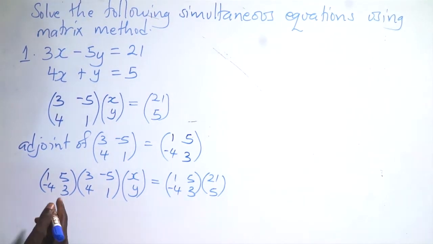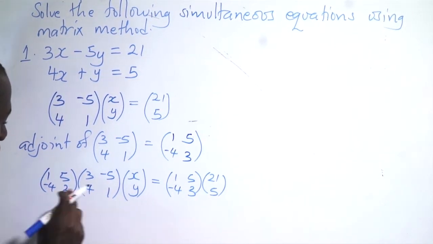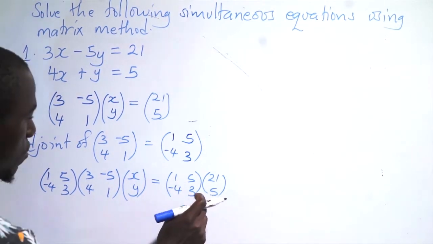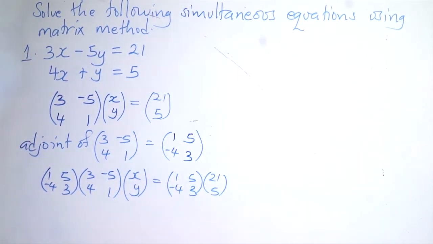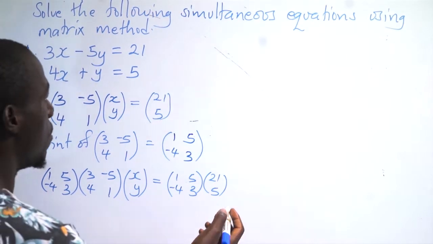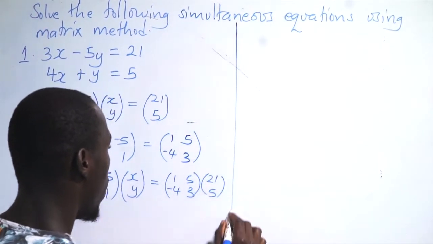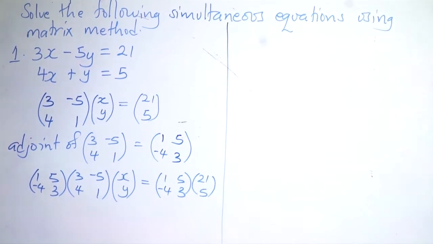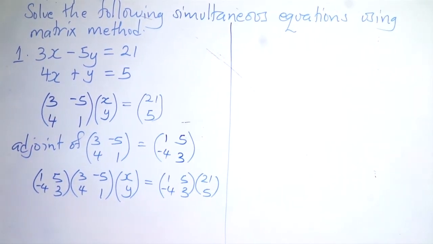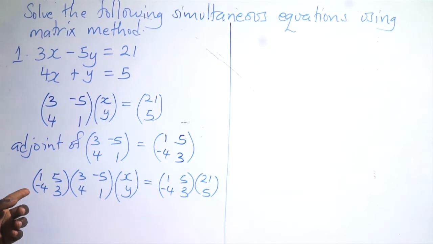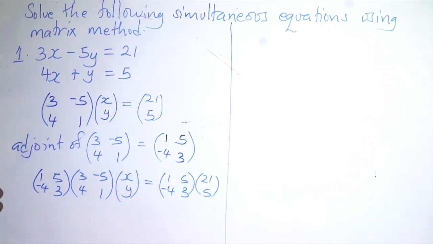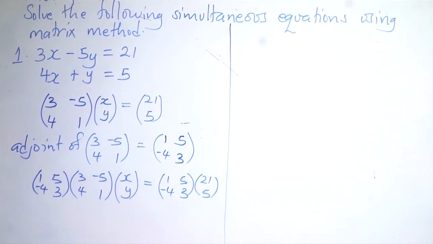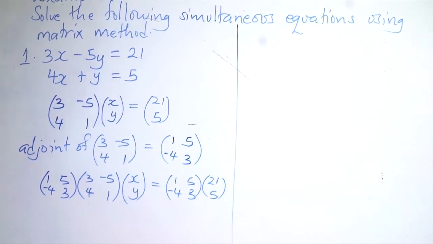Then I begin to multiply those two matrices, row by column. Here you need to first of all know how to multiply the matrices, and how to get the adjoint of a given matrix.